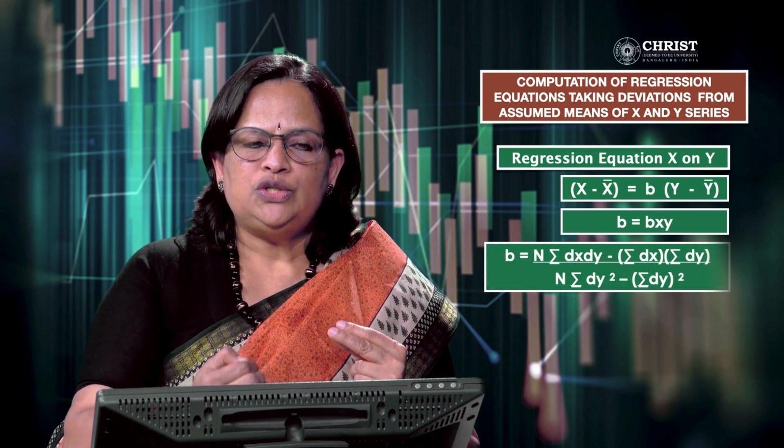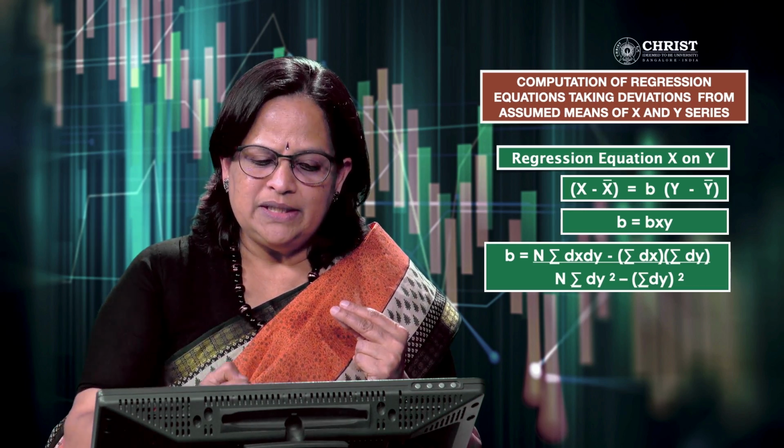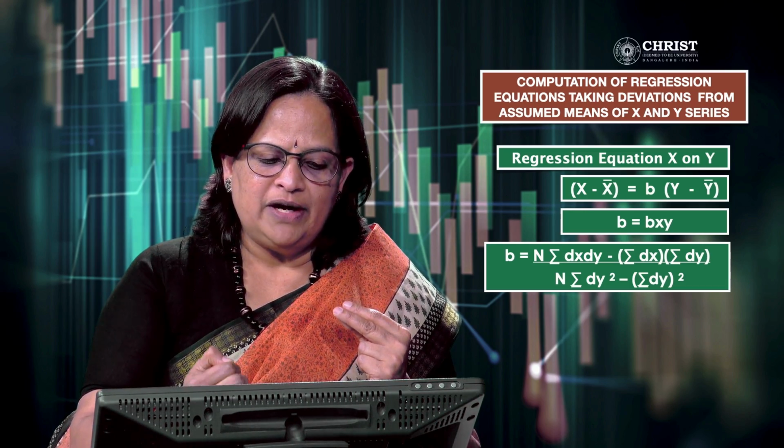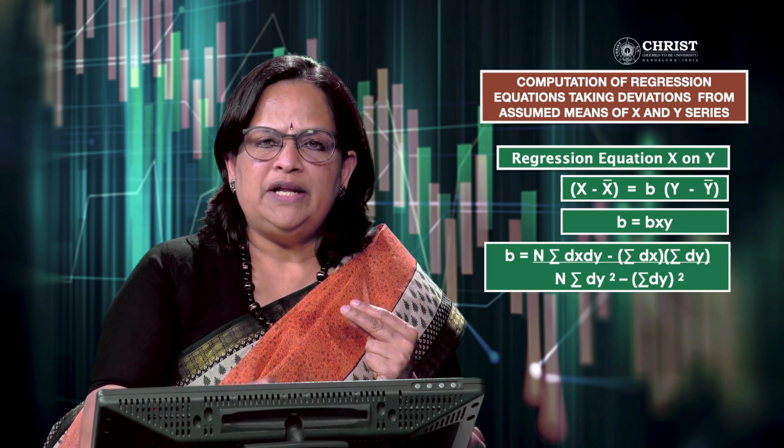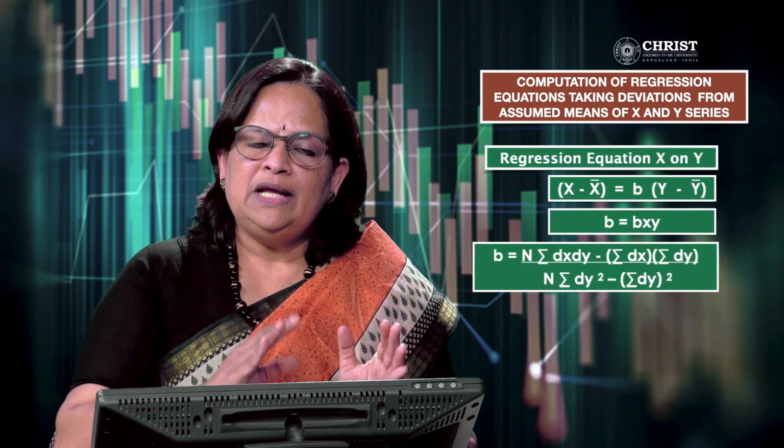Now b is equal to n sigma dx dy minus sigma dx into sigma dy divided by n sigma dy square minus sigma dy the whole square. Similarly, regression equation y on x is expressed as y minus y bar is equal to b into x minus x bar. B is equal to byx.